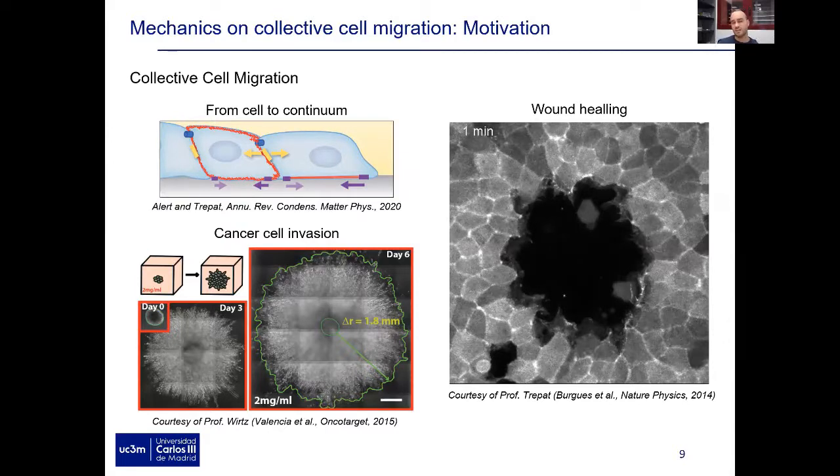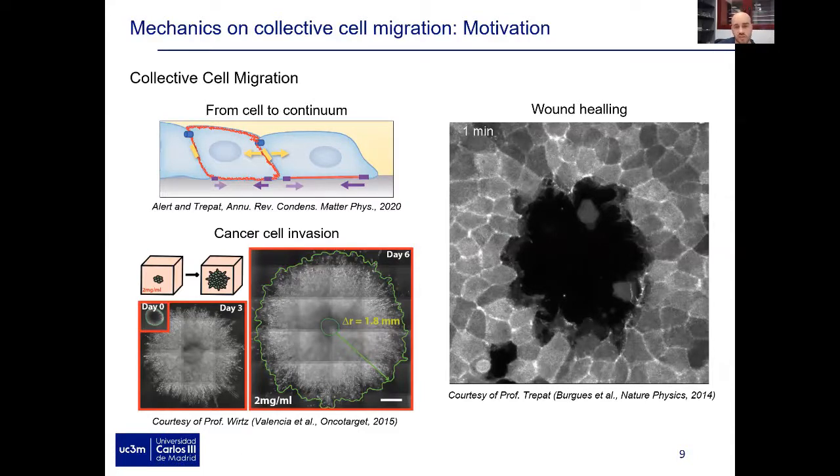In the end, all these mechanical forces play a given role. As soon as we have the different cells next to each other, we can have some transmission of these mechanical forces. And in the end, something that I think is quite interesting here is this collective cell migration response.